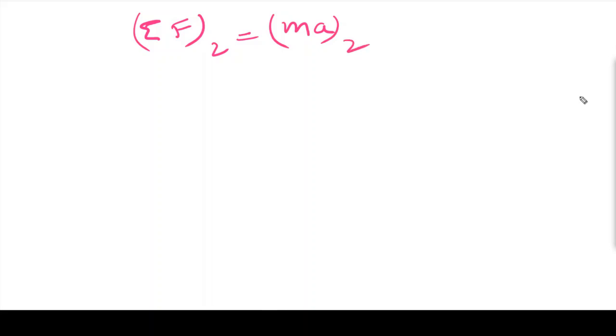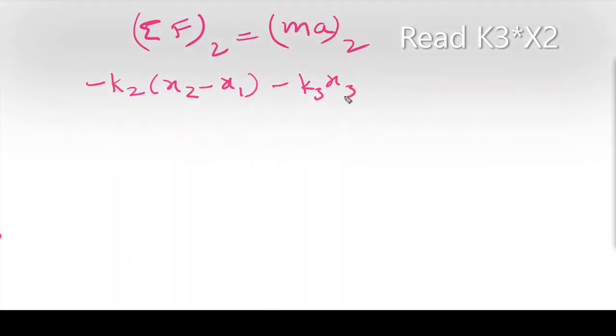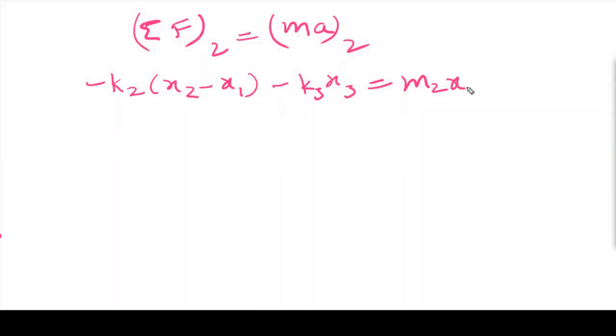For mass m2, the forces which are acting on it are k2 (x2 minus x1) minus k3 x2 equals m2 x2 double dot.